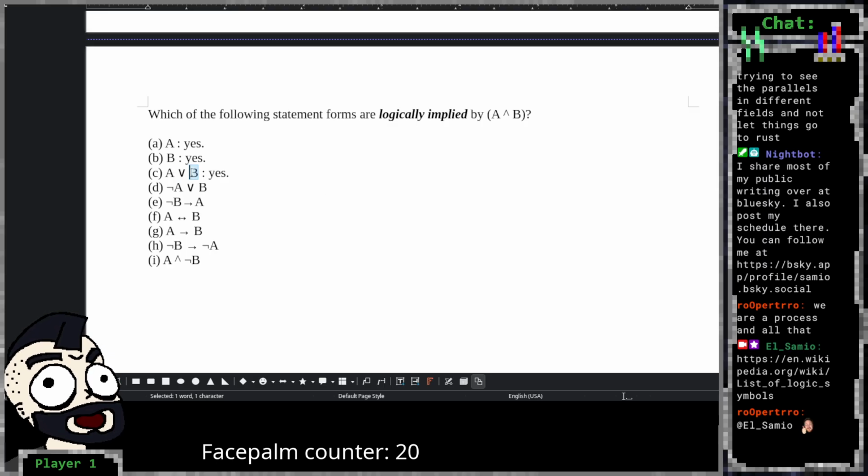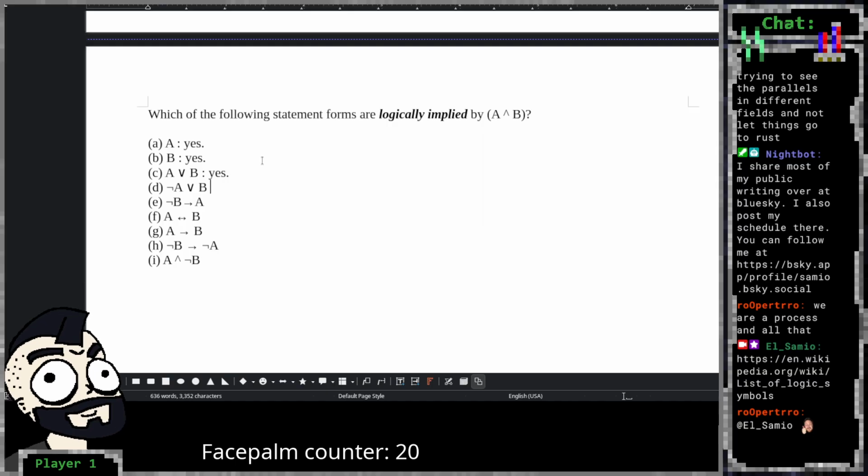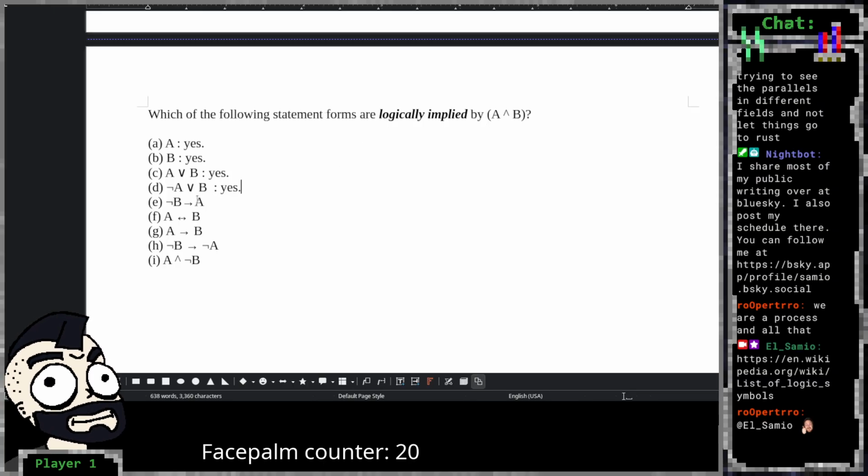I also know that B is also true, therefore A or B has to be true. Similar reasoning. I know that not A is false, but I know that B is true. And with just B alone, I know that this disjunction is true. Now, I can do truth tables for all of this, but the reasoning I am giving you is as valid and mathematically rigorous as any truth table.